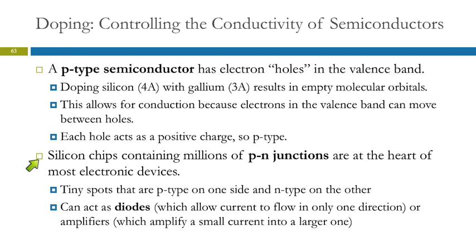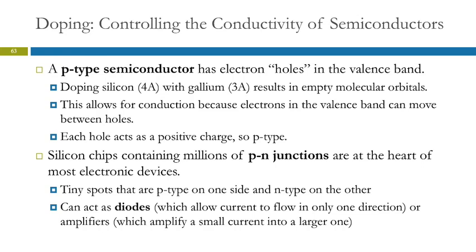Silicon chips, which are at the heart of most electronic devices, and probably most of us have an electronic device of some kind or another with us today, they contain millions of p-n junctions. So these are junctions where a p-type and an n-type semiconductor meet. And those junctions can act as diodes.